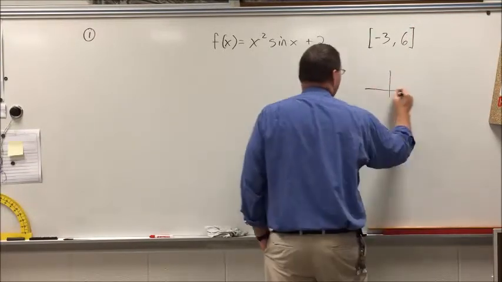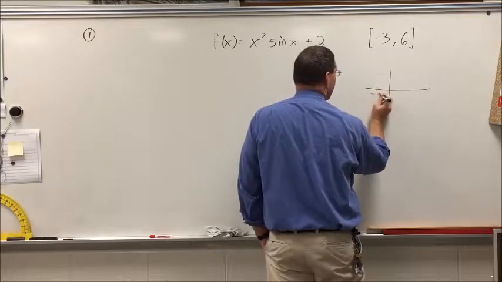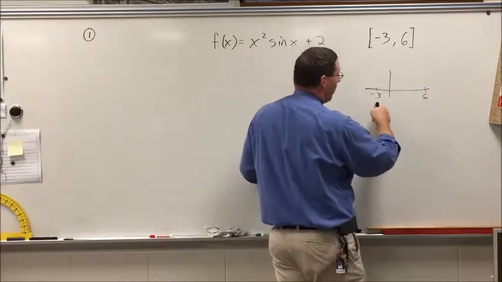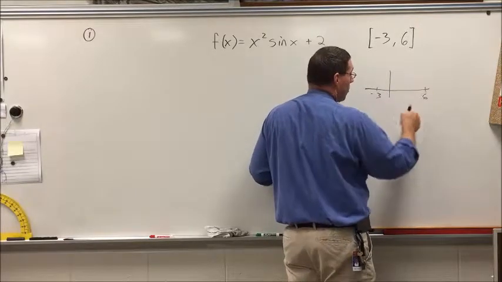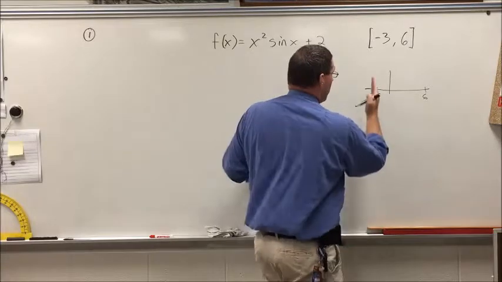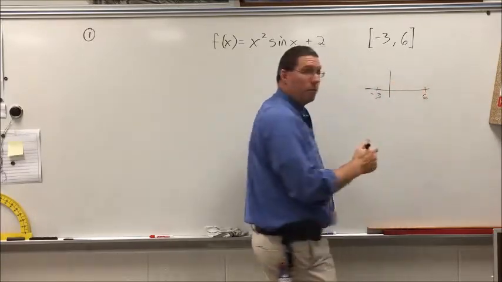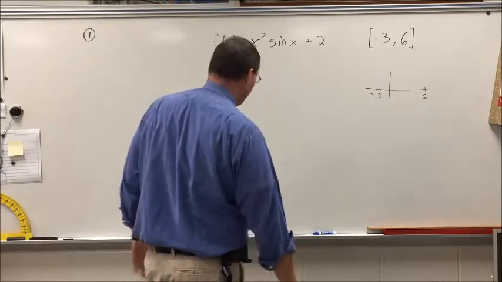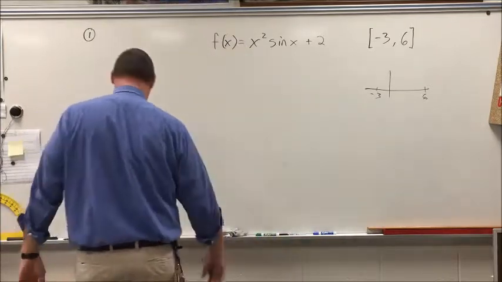If you think of a graph, think -3 is over here and 6 is all the way over here. So this function starting at -3 and then going up until 6, that's the interval we're going to be working with on the domain of this function.